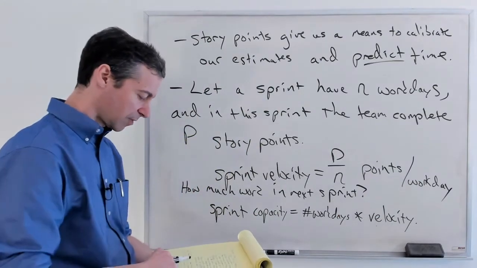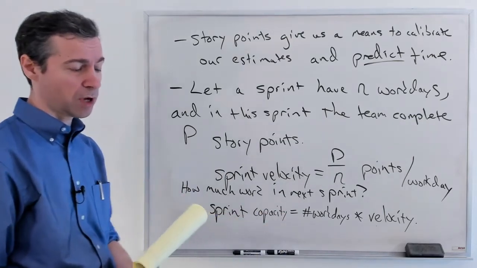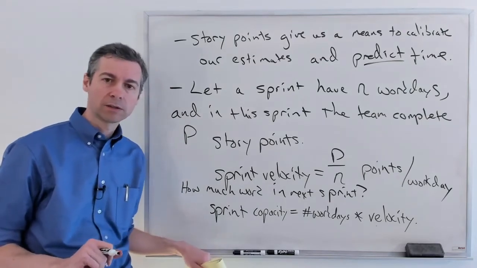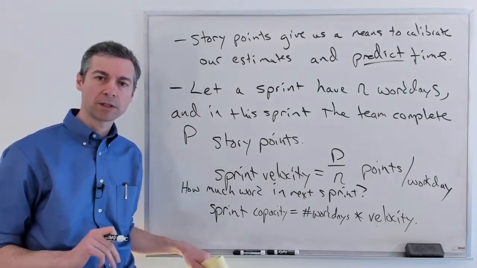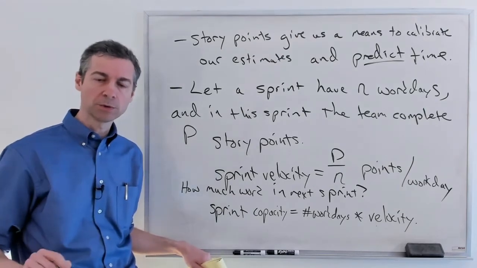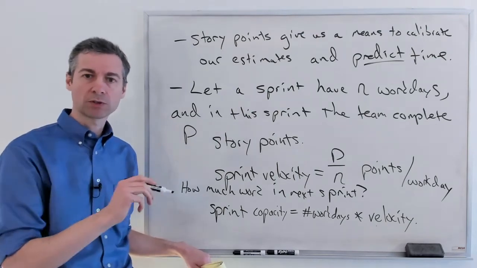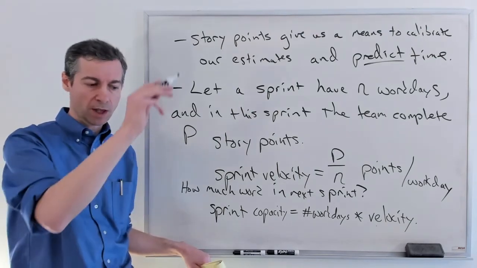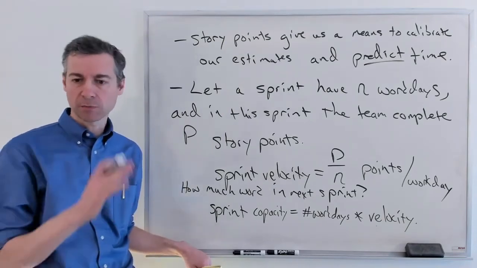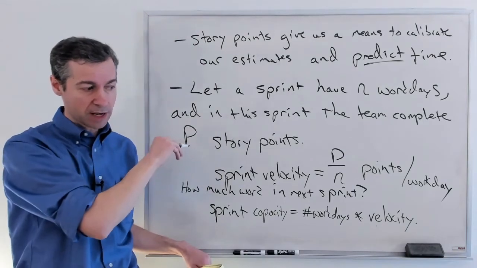All right. You can also use this very, very well, and very importantly, when the client says to you, okay, what do you predict will be done by the end of the project? Oh, let's go. You can go through, count all the work days remaining in the project, go to your stories, estimate their sizes. All right, we estimate we can get this amount of work because we have this many days and we know what our velocity is. Oh, we'll be able to get down through this feature.